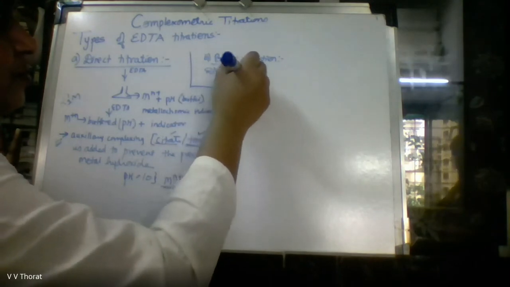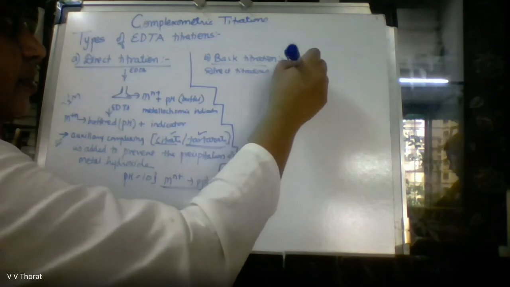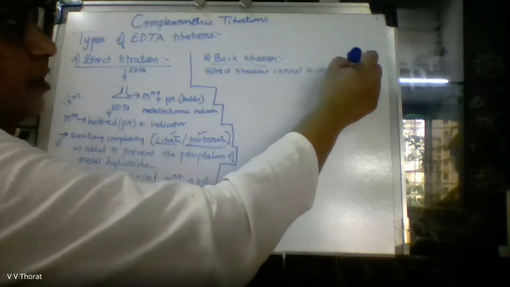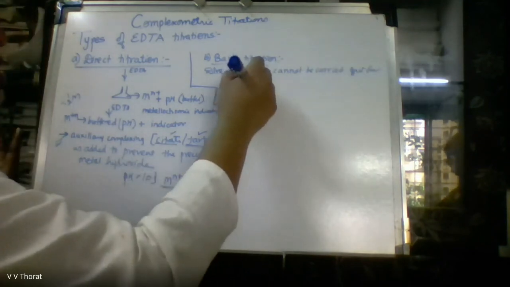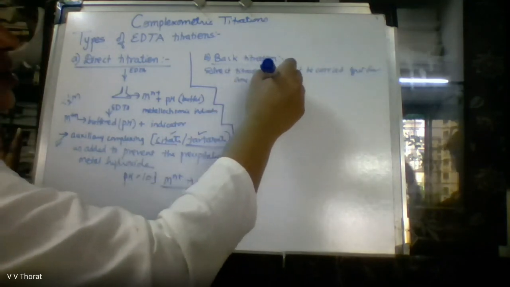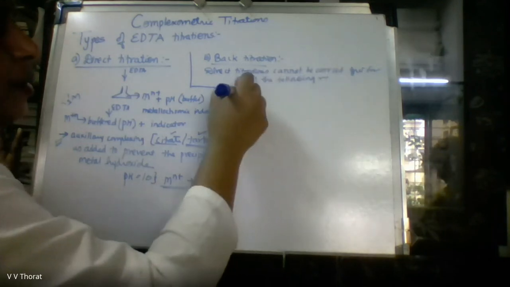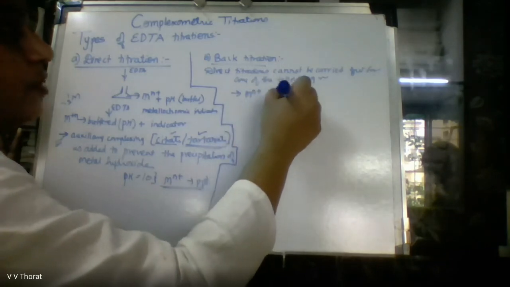Direct titrations cannot be carried out for any of the following reasons. Reasons क्या है पहला? Metal ions may react slowly with EDTA.